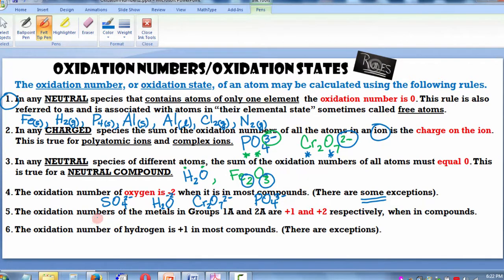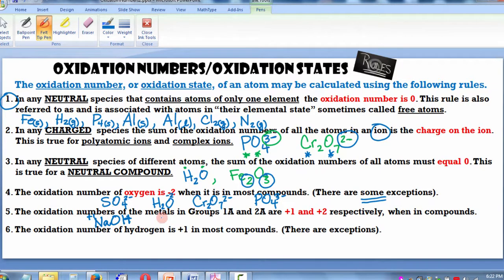So, sodium is in group 1A, and in this compound, sodium hydroxide, sodium would have an oxidation state of +1.